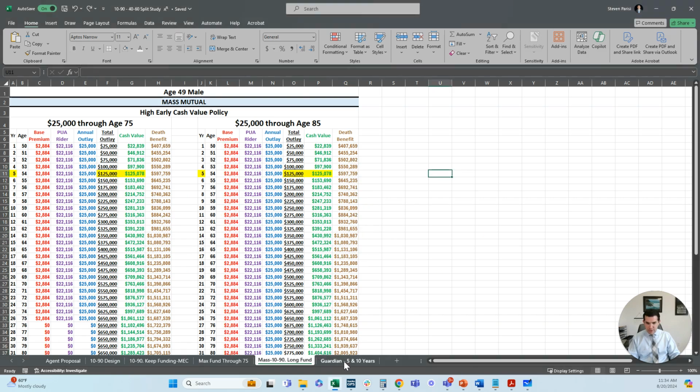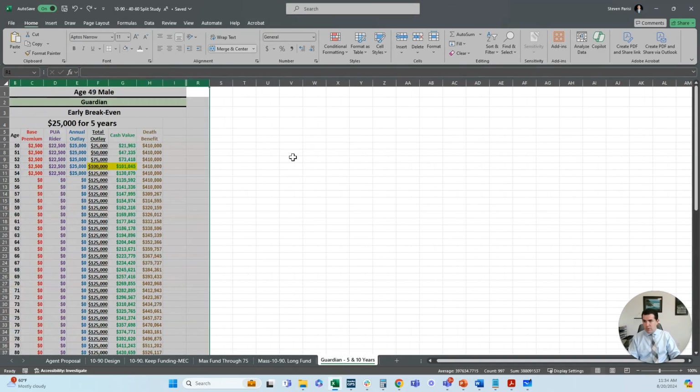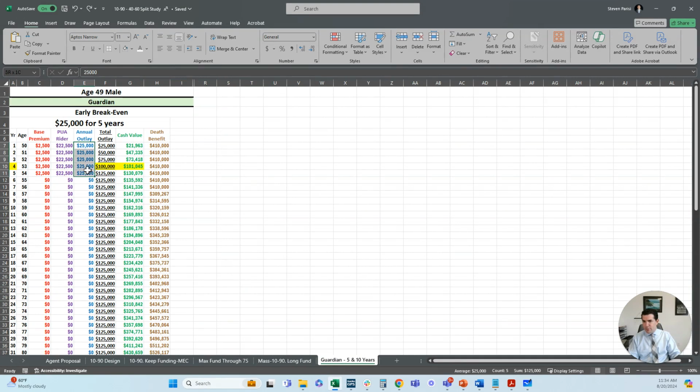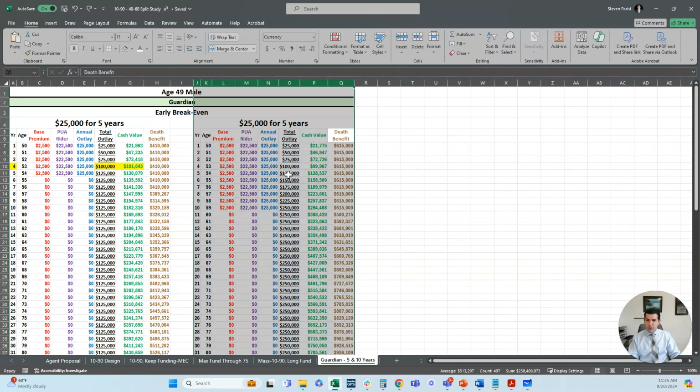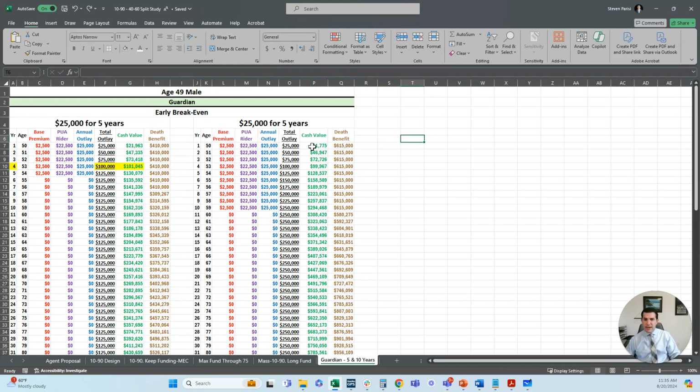So here we've got $25K per year for 5 years, breaking even year 4, and then a slight tweak to the policy, adding a little bit more term insurance, so I can fund it for 10 years at $25K per year. And I could keep paying the premium after that if I wanted to.